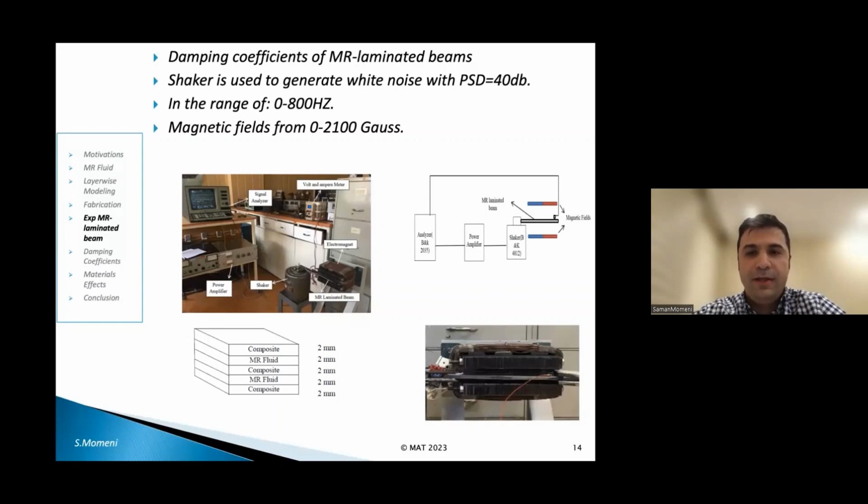And by applying magnetic fields from 0 up to 2100 Gauss, we can determine the damping coefficients and natural frequencies of MR laminated beams for each material by applying the specific magnetic fields.